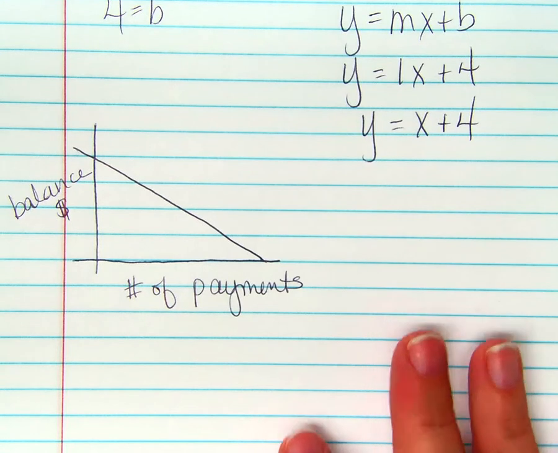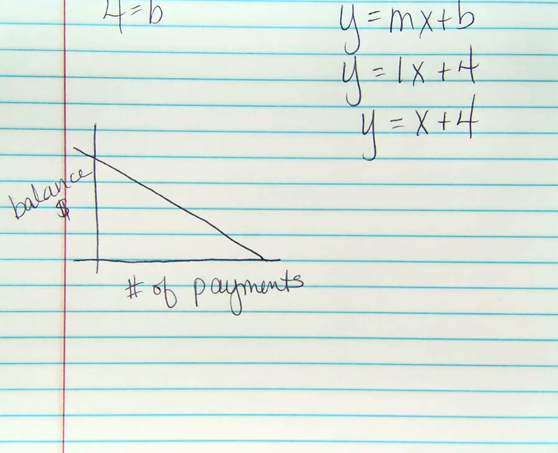Number of payments and the balance. If I'm interpreting what's going on with this line, I can actually say it about 54 different ways. I'm not going to say it all 54 ways for you. I'm going to say it one way. But I think you're going to see what I'm talking about, okay?